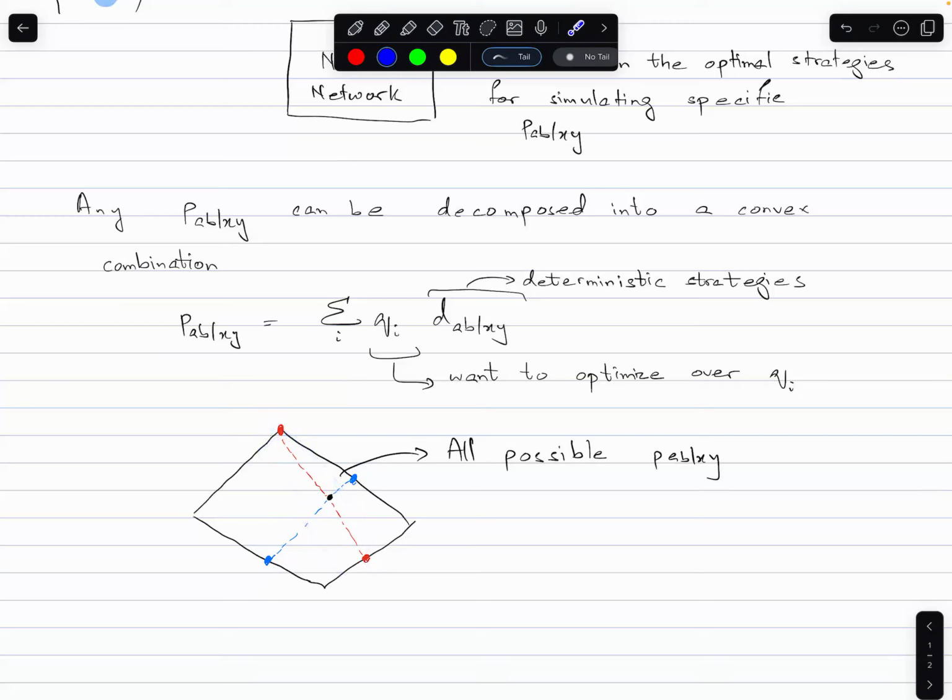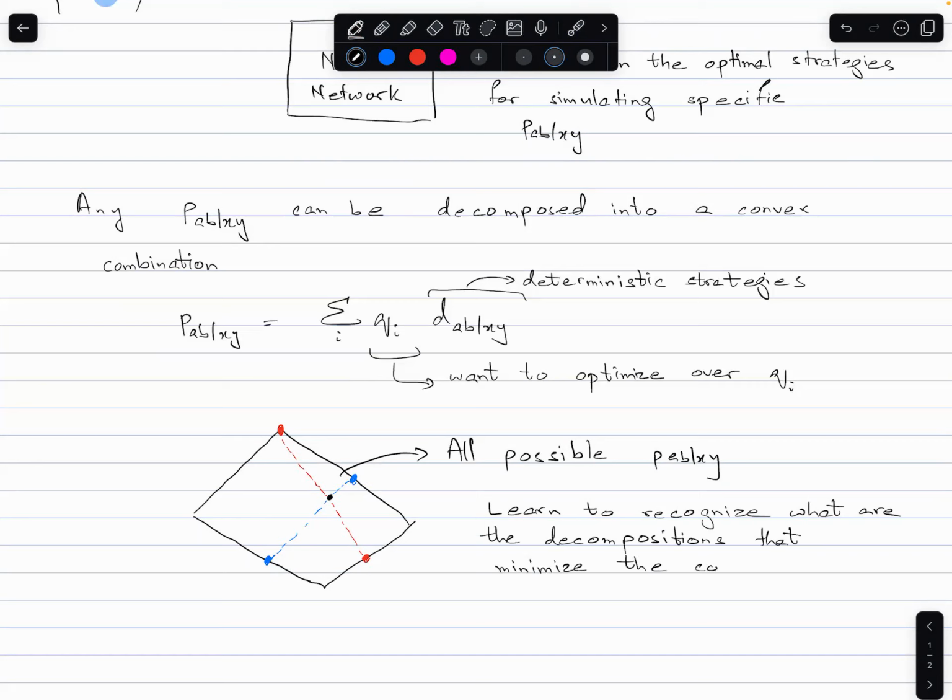So we train the algorithm to recognize what are efficient decompositions of the given input vector, to learn to recognize what are the decompositions that minimize the communication cost for simulating the input.